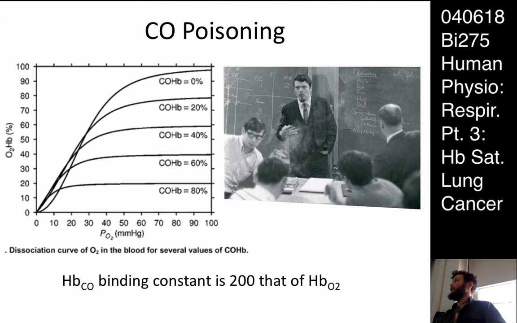And as you increase the carbon monoxide poison, the downside is that once you get carbon monoxide on that hemoglobin, that is taking that hemoglobin out of the effective population. It's taking it out of the functional population of hemoglobin.